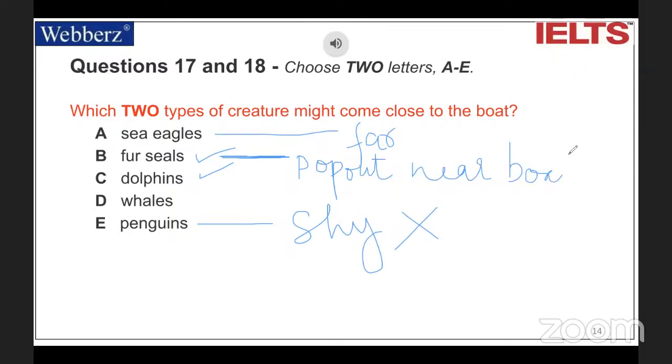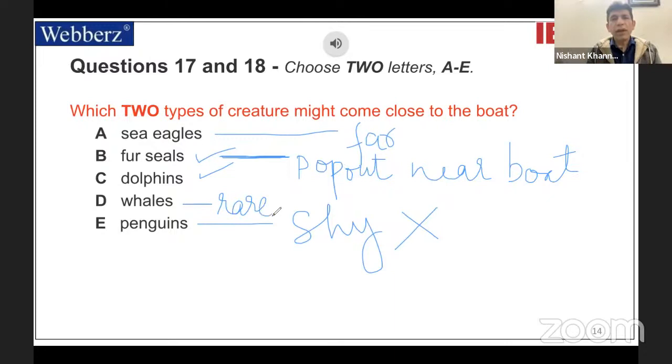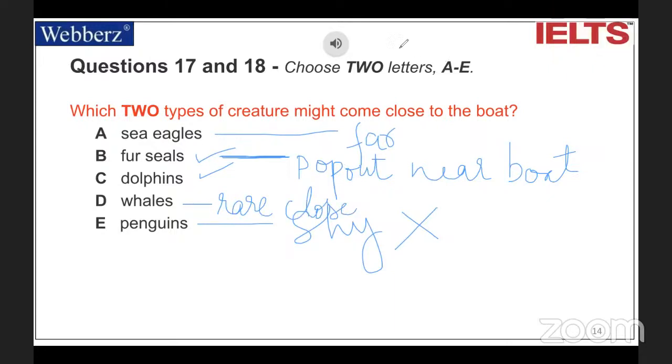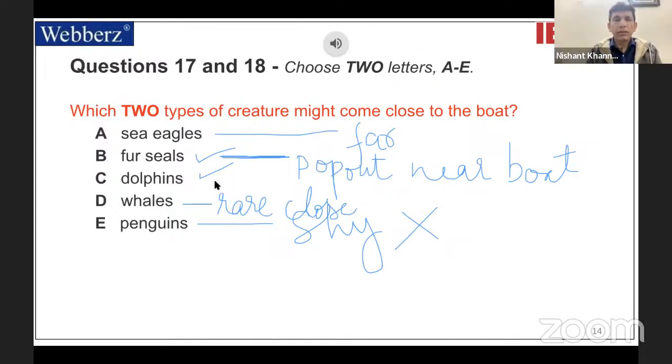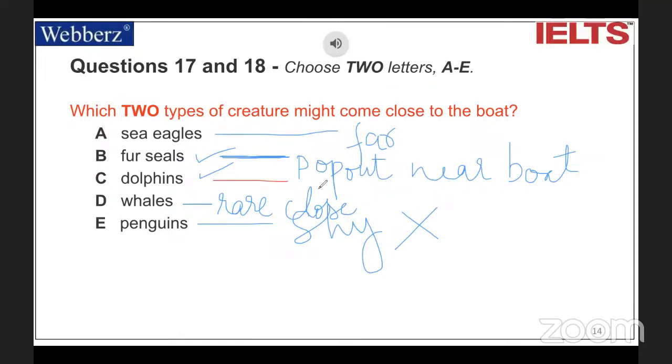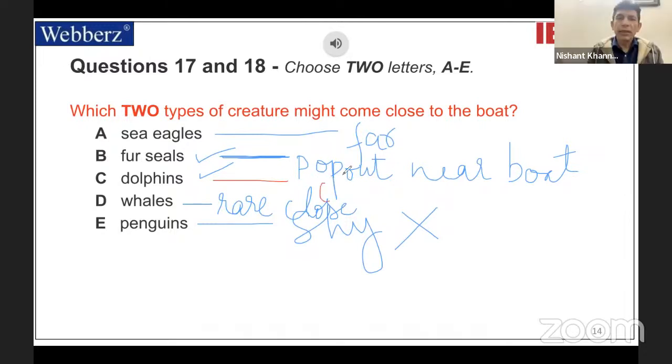And for whales, he said it is very rare that they come close. And for the dolphins, he says that they sometimes come close.